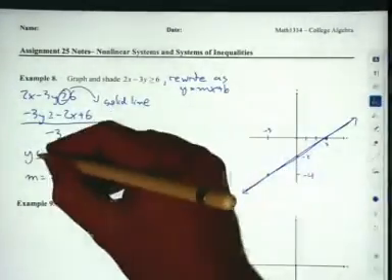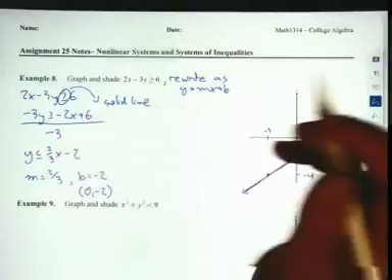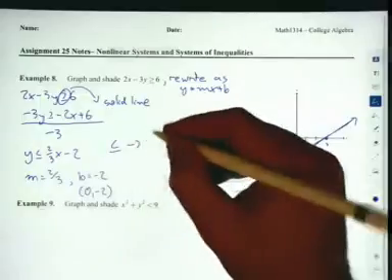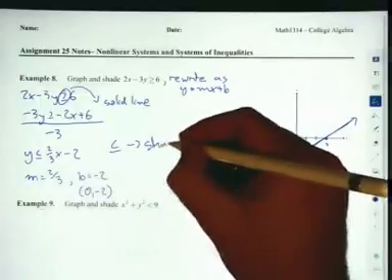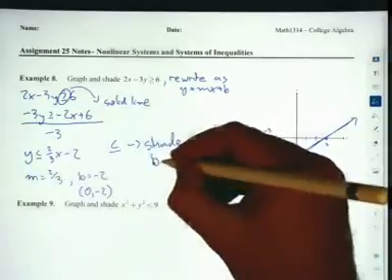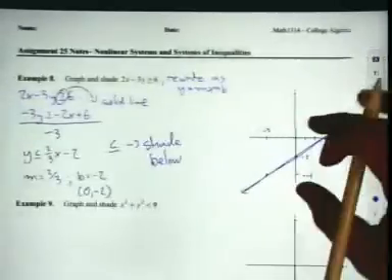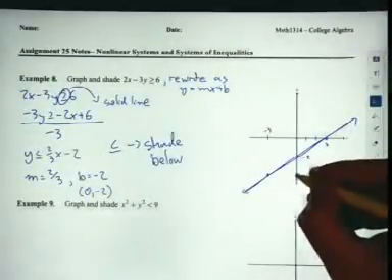Now, look at this. It says y is less than, so that means you're going to shade below. Just to verify this, let's pick a test point.